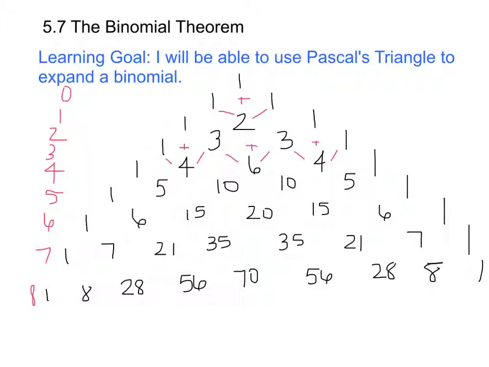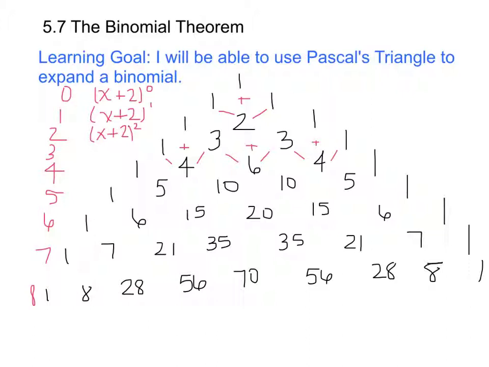So if you had to raise something to the 0 power, then the answer would just be 1. If you had to raise something to the first power, or to the second power, those would be the coefficients you would use to expand it. And so forth and so on.